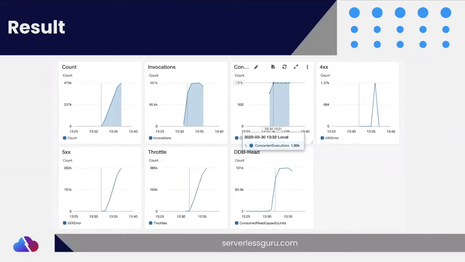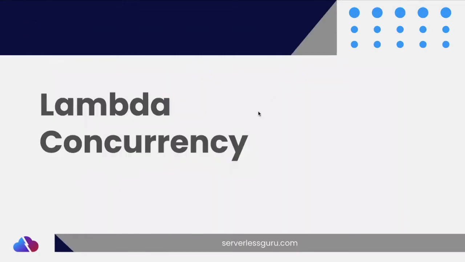The other 1,000 will be throttled. That's because of this regional limit. This can be increased. So we did a test with increasing, but before going to that, let's try to understand what is Lambda concurrency.